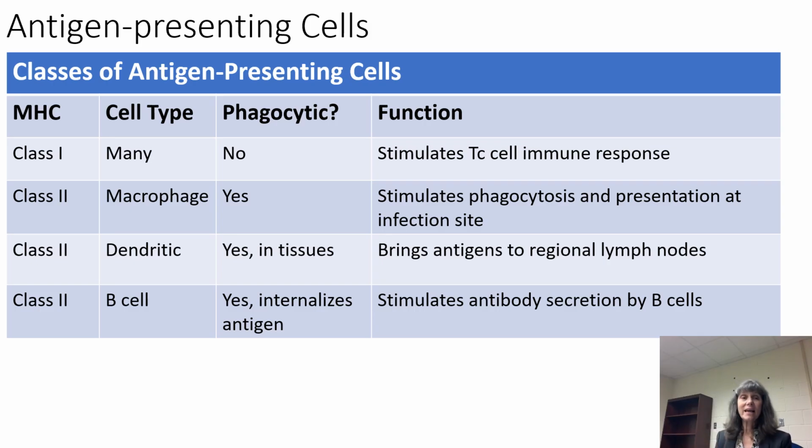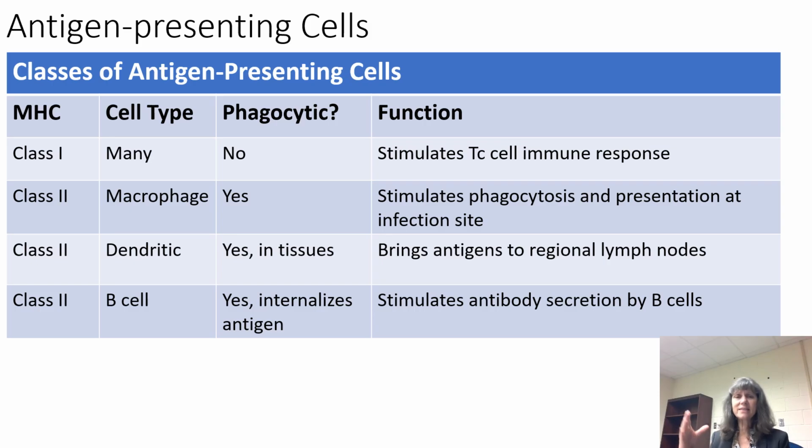Now, the class 2 major histocompatibility complex proteins are involved with macrophages, dendritic cells, and B cells. They are all phagocytic, and the macrophages, when they eat them, that stimulates phagocytosis and presentation at the site of infection.